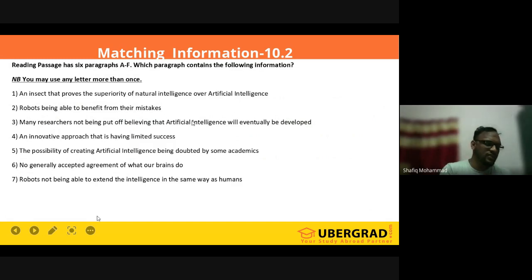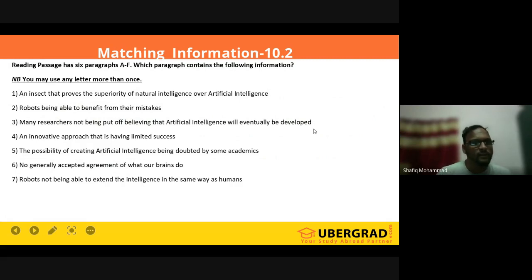It should actually be B. The third one: many researchers not being put off, believing that artificial intelligence will eventually be developed. So the answer for this one is B.